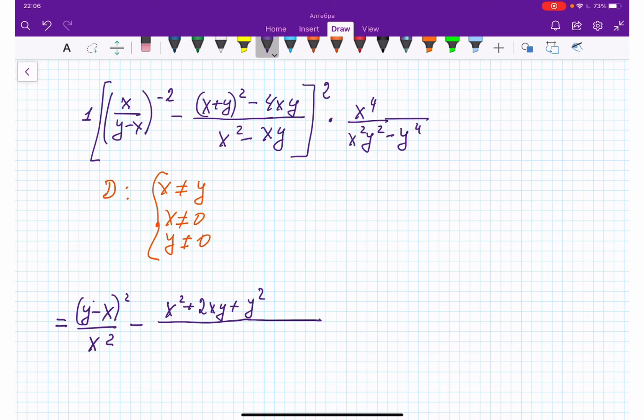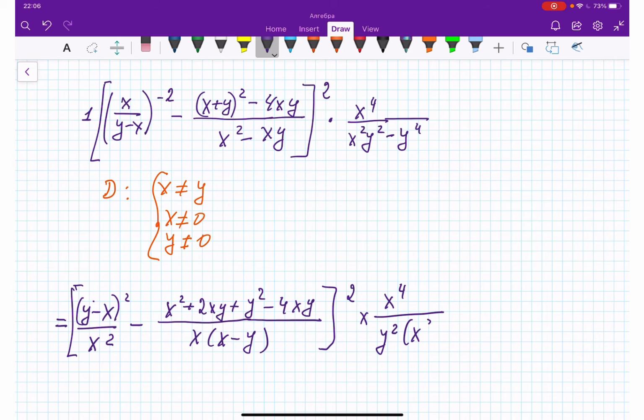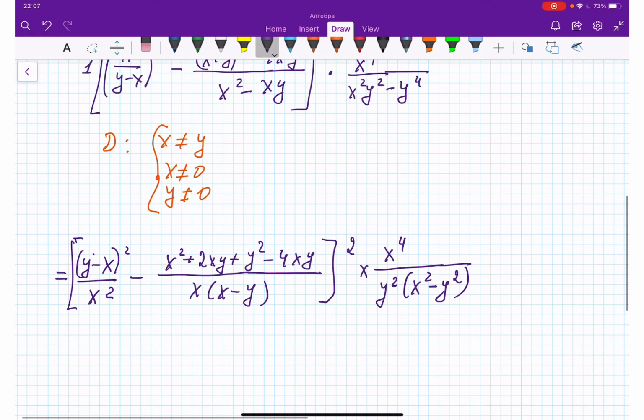It's the (a plus b) squared formula, and minus 4xy, divided by x squared minus xy. Let's take x out of the denominator as a common factor: x times (x minus y), and all this squared, and times x to the power 4 divided by, here I'm taking y squared as a common factor, y squared times (x squared minus y squared).